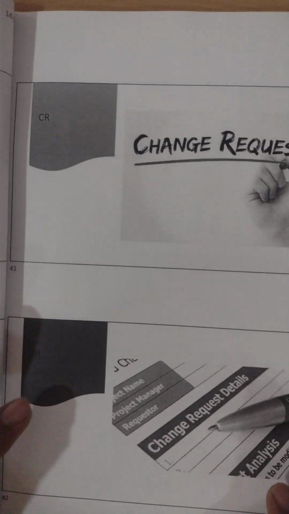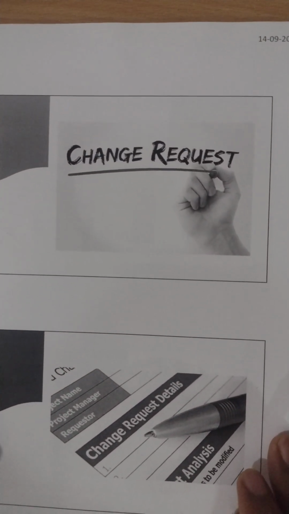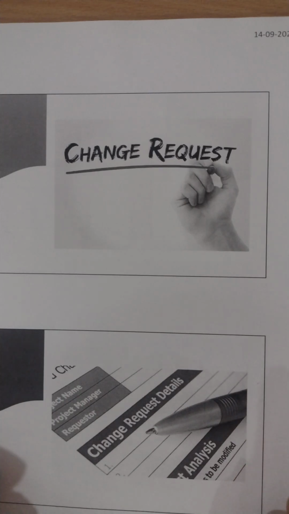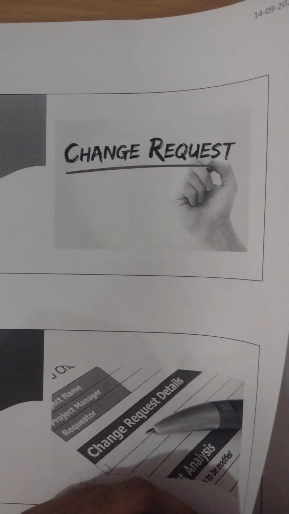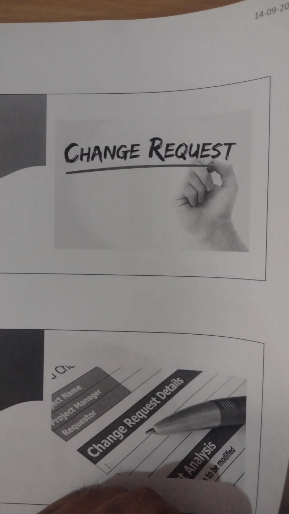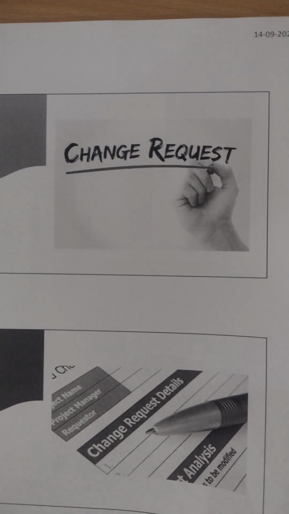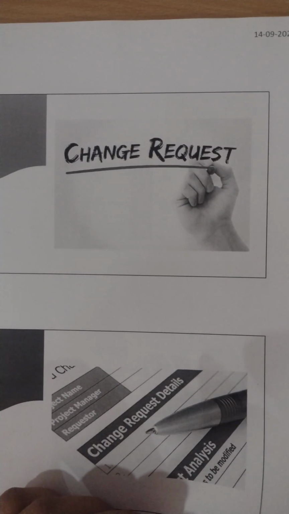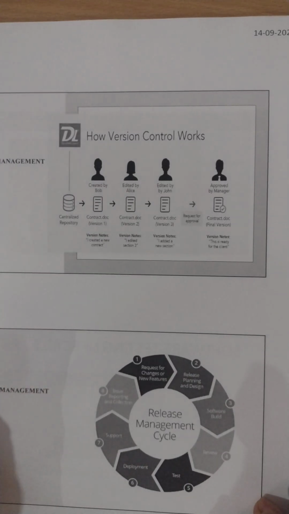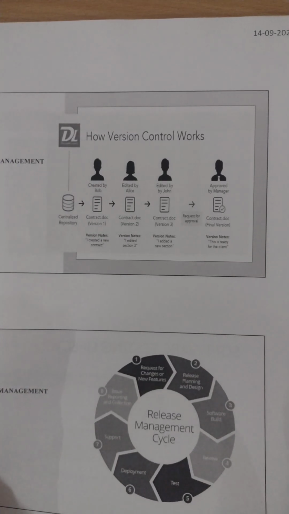Then there is the change request management system we have to put in place, where whatever change requests we are receiving from the customer or from our client, those changes have to be handled, documented and managed in a proper way, right?